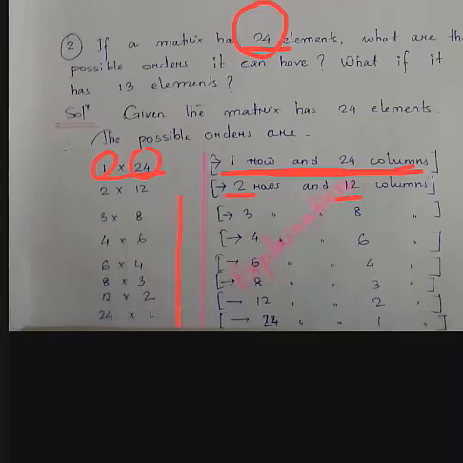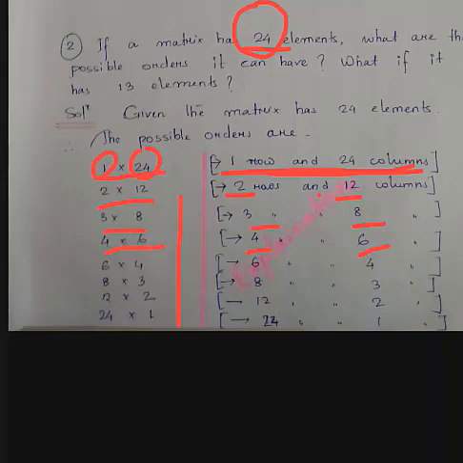When there are 2 rows and 12 columns, the order of the matrix will be 2 by 12. Similarly, when there are 3 rows and 8 columns, the order will be 3 by 8. When there are 4 rows and 6 columns, again the product is 24, so 4 by 6.